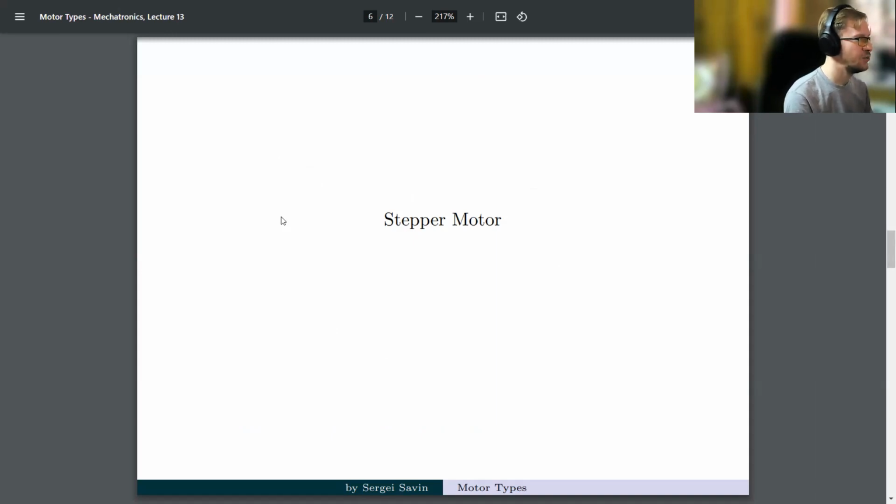Now, before I go, let me tell you what stepper motors are used for. An AC motor is a good source of constant rotation. But you could imagine applications where instead of constant rotation, you want constant orientation.